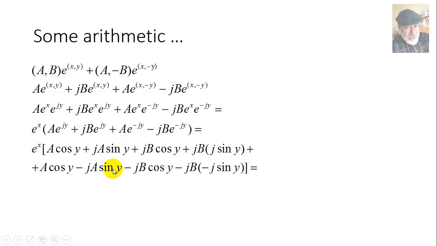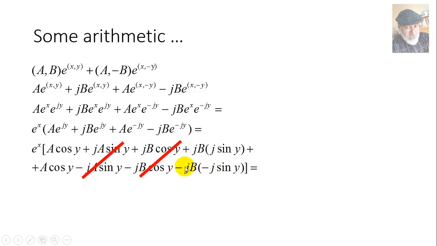When we do that, in the end, we notice that this term is the same as this one. Oh, 2 times a cosine y. That is nice. What about these two? They cancel out. What about those two? They cancel out. What about this? Well, what is this? This is negative b sine y. What about this term? Minus times minus, that is plus, j times j, that is negative.